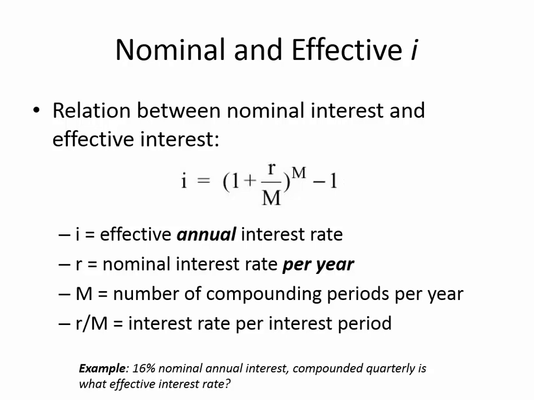And so we want to find I, which is the effective annual interest rate. So I is going to be 1 plus 0.16 divided by 4. And then that entire expression is to the M power, so that's to the 4th, and then minus 1. Everybody has calculators today, right? Will you calculate and tell me what is the effective interest rate if this is compounding quarterly?